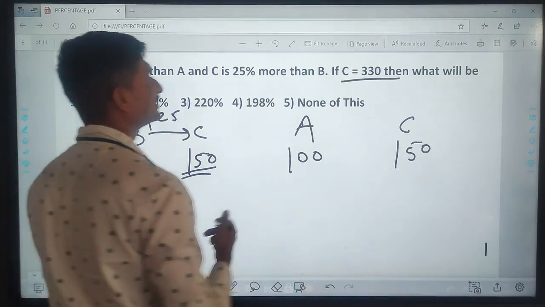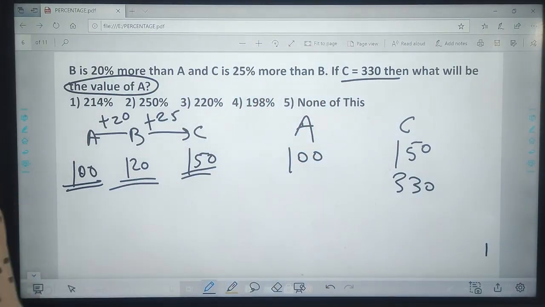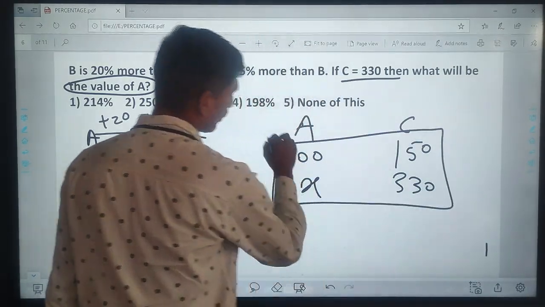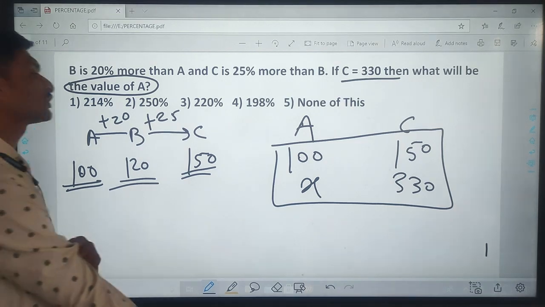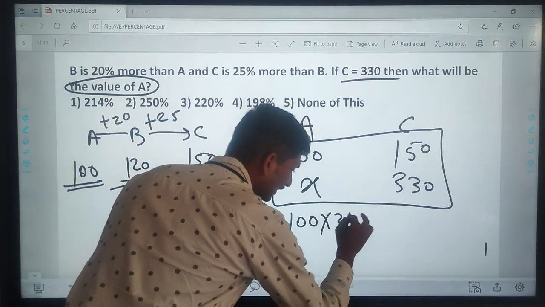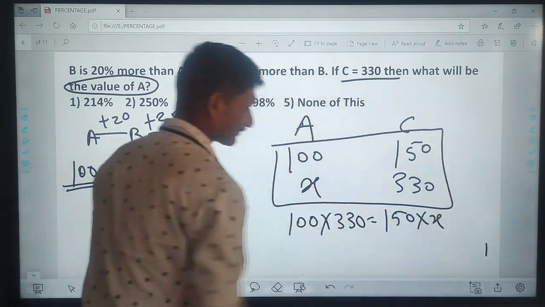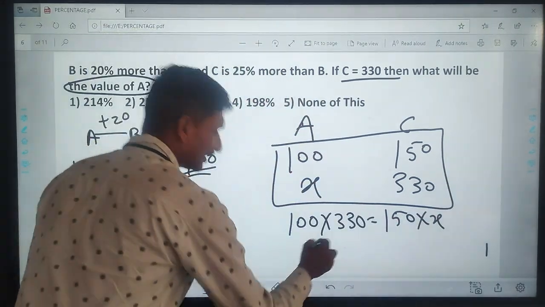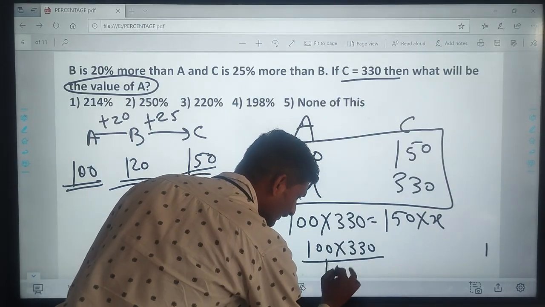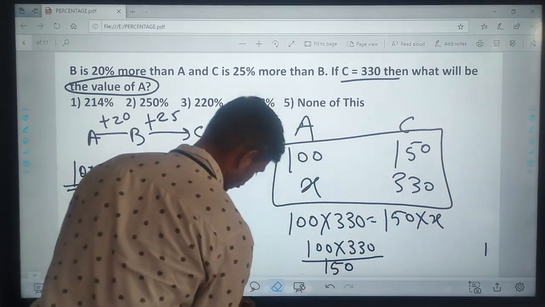Now find A. We take cross multiplication: 330 is equal to 150 into X. Here 150 is multiplied, so it comes to the other side as divide. Then 100 into 330 divided by 150 is equal to X.